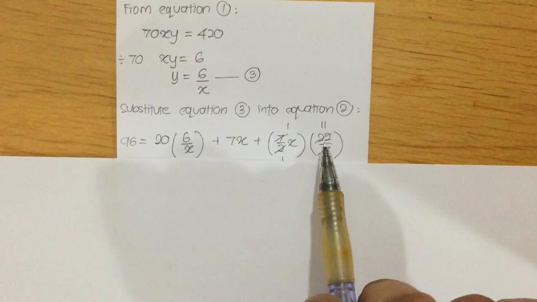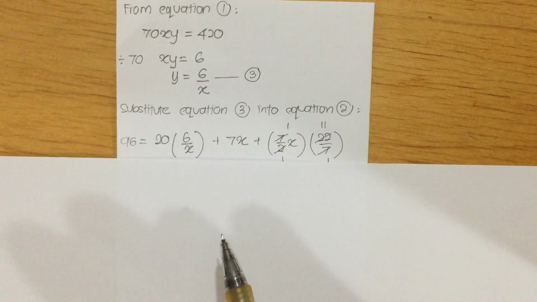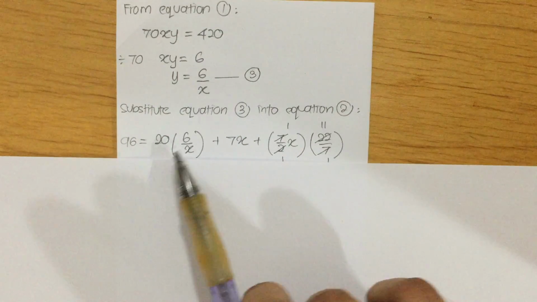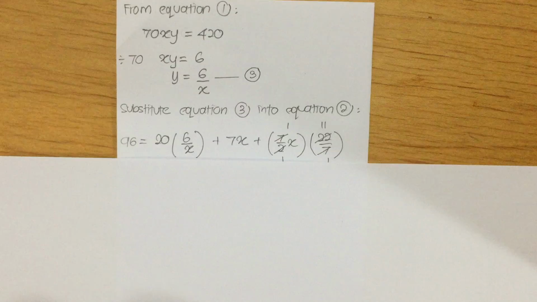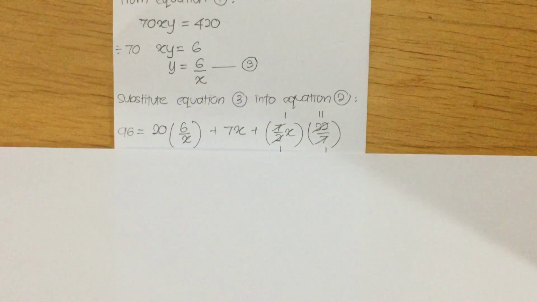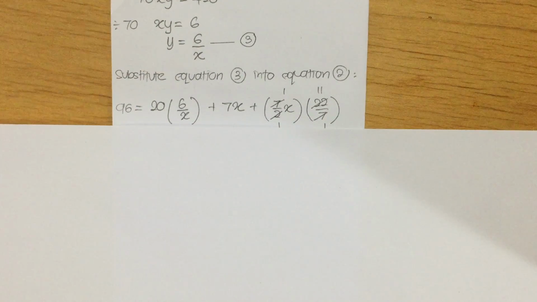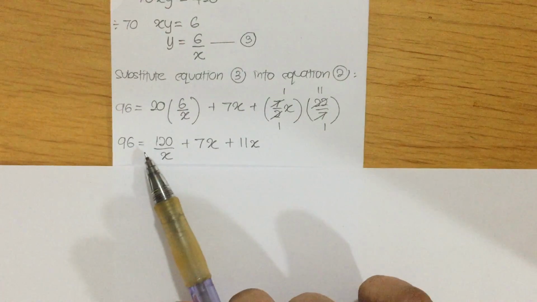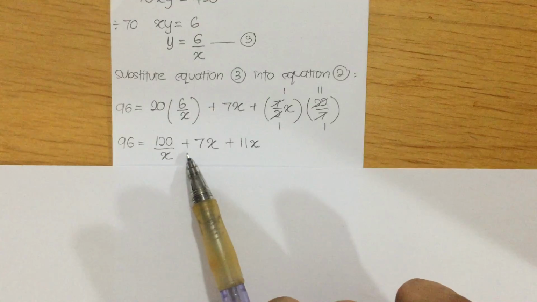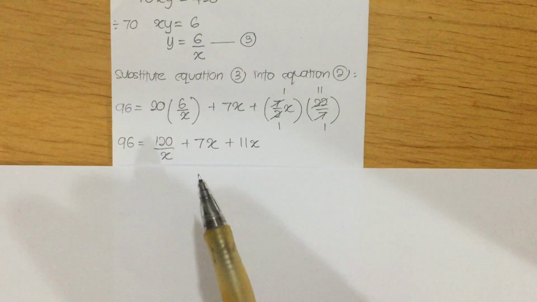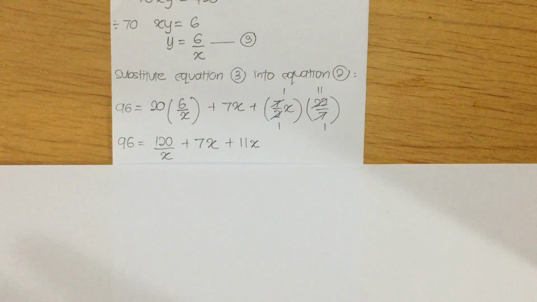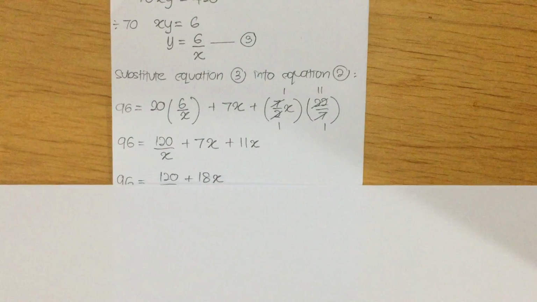So this 7 over 2 and 22 over 7 we can simplify. So from here we will get 11x. 20 times 6 we will be getting 120. Let's go to the next step. From here you get 96 equals 120 over x plus 7x plus 11x. 7x plus 11x you should be getting is 18x.